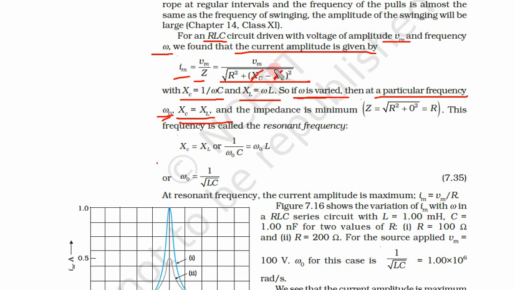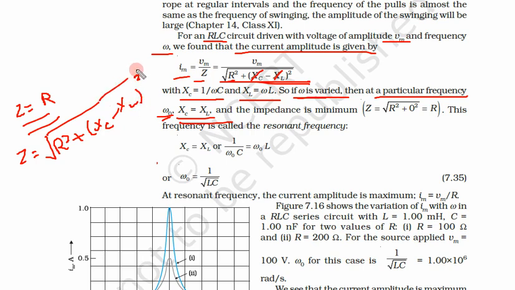In that case the term cancels out and becomes 0. Otherwise, whether Xc minus XL is negative or positive, the square makes it positive, so the impedance will always be larger than R. Impedance is the square root of R squared plus (Xc minus XL) squared.